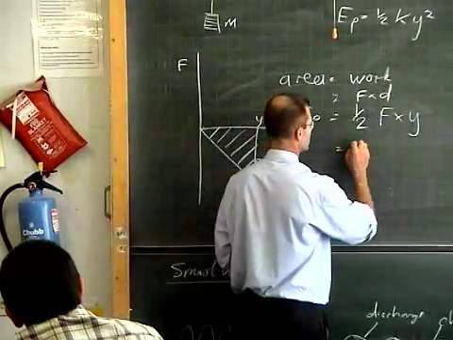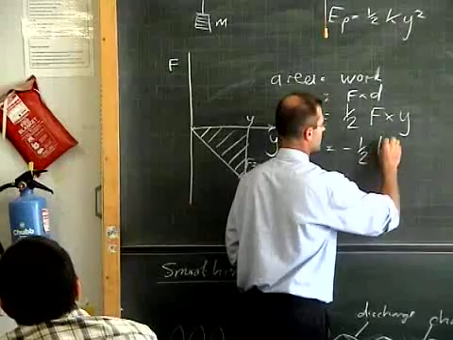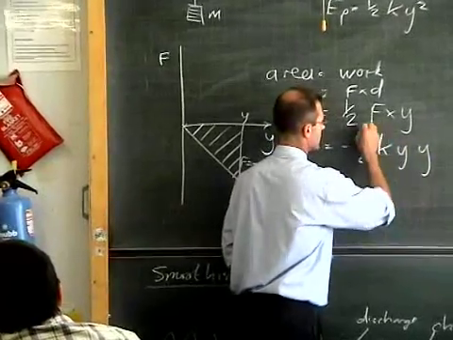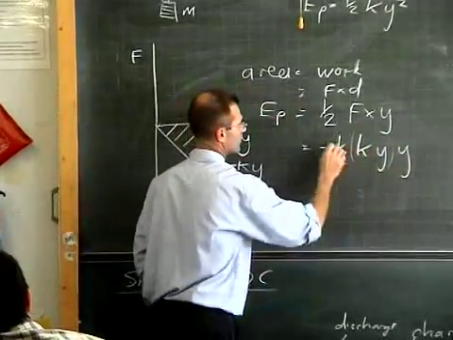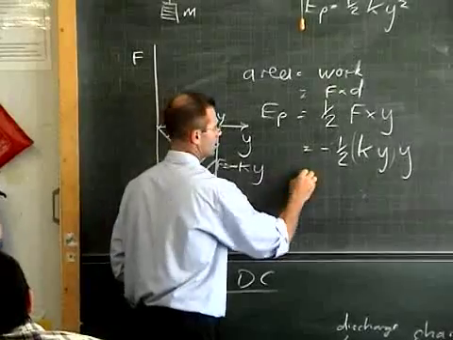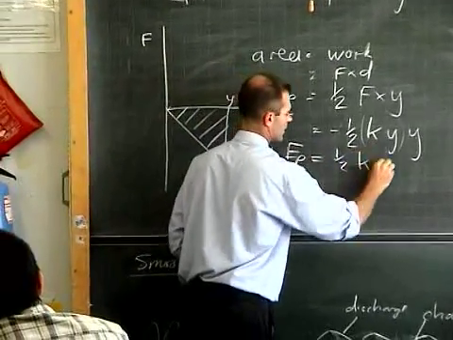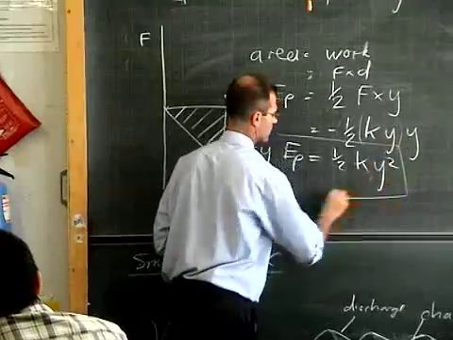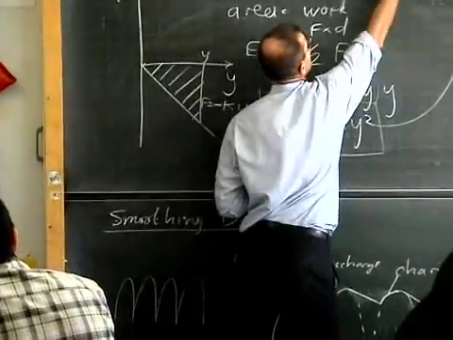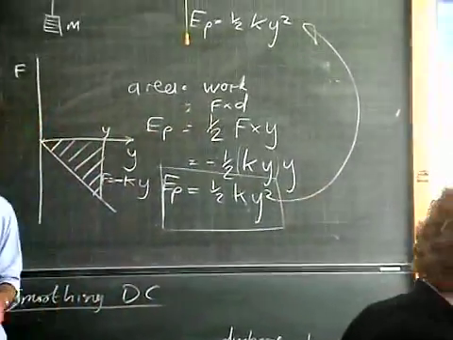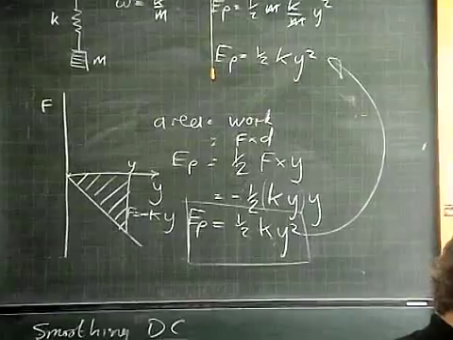So it's equal to minus a half K times Y, because that's the force, K times Y. So the potential energy is a half K Y squared, which ties in very nicely to what we had just there. So we're seeing the thing from two different ways.